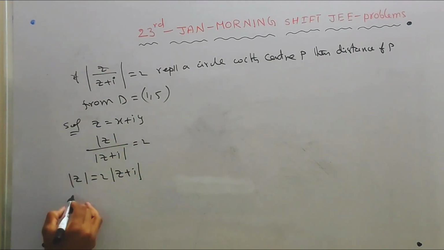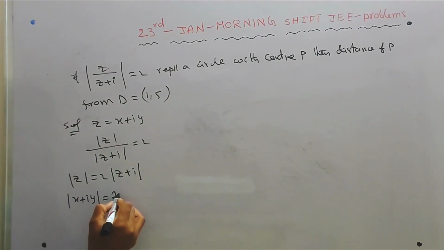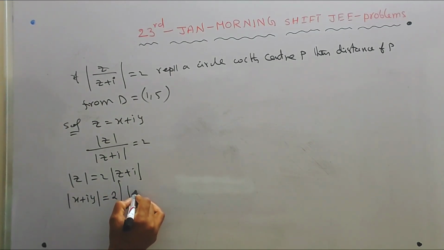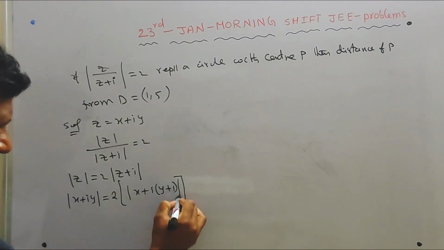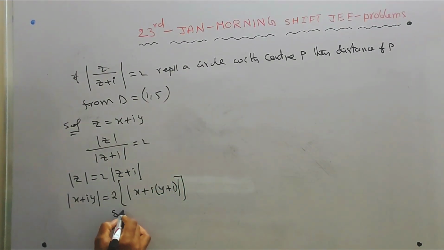What is the z value? x plus iy with modulus 2 into, so this is actually mod of x plus iy. Take i common, you will get y plus 1, like this will come. Okay, right? Do squaring on both sides.